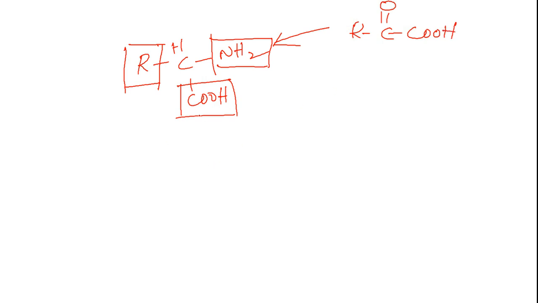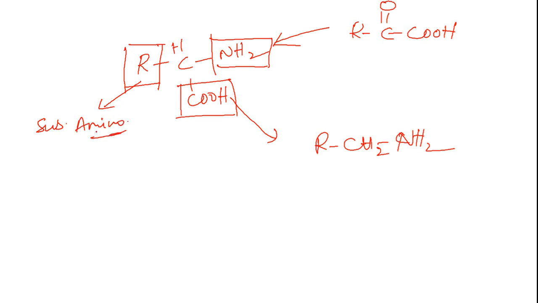When the carboxylic acid is removed, you get an amine, CH2NH2. And when R is modified, you get some kind of substituted amino acid, or sometimes this process gives newer amino acids.